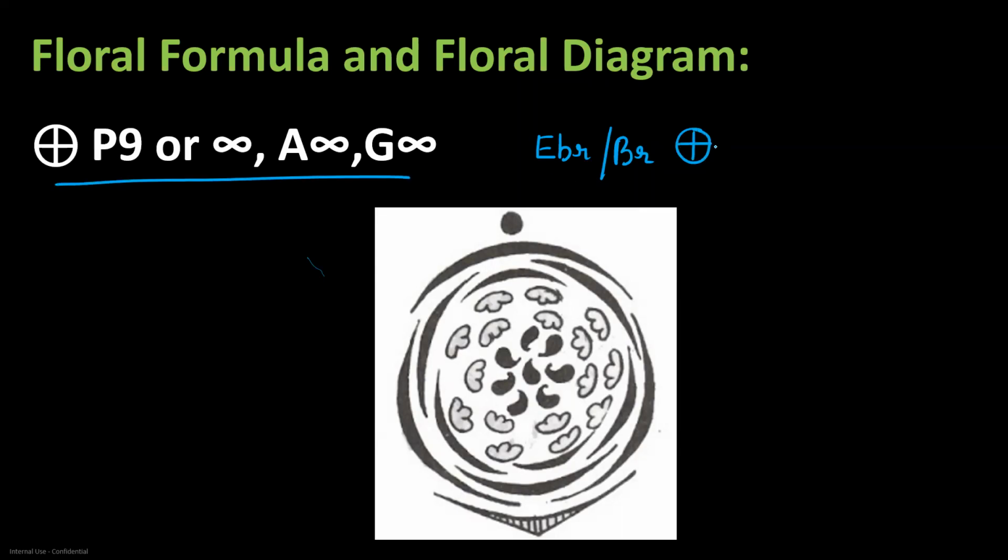That is actinomorphic, then bisexual, perianth 9 or infinite, androecium infinite, gynoecium infinite.